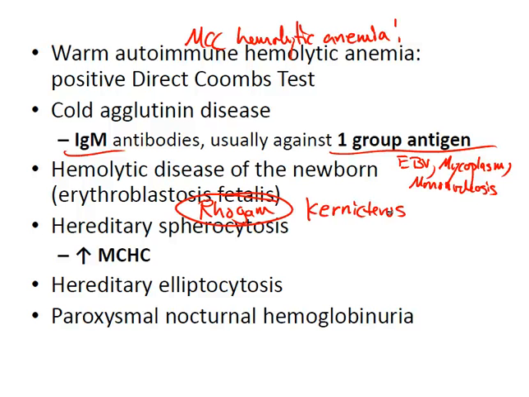So what do we know about hereditary spherocytosis? Well, it's autosomal dominant, and it can occur if one of several membrane skeleton proteins is defective, specifically spectrin and ankyrin.